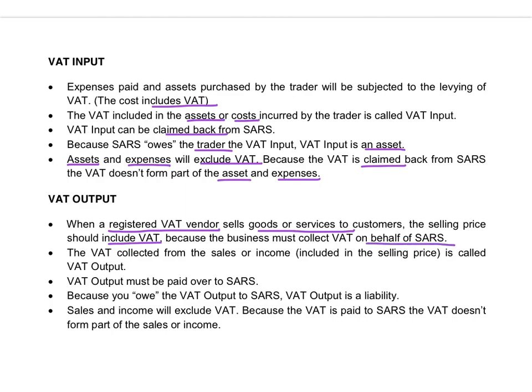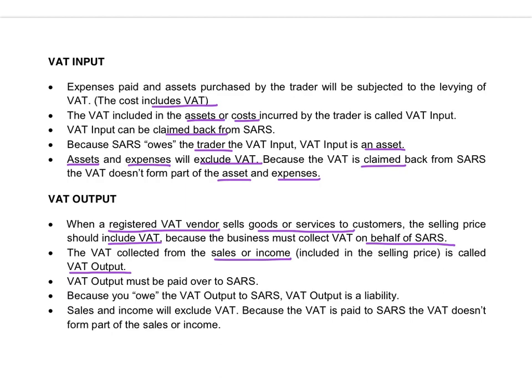This VAT doesn't form part of the income or the service rendered or the sales price for the business, because you have to pay it over to SARS. This VAT collected from the sales or the income that's included in the selling price or income is called VAT output.